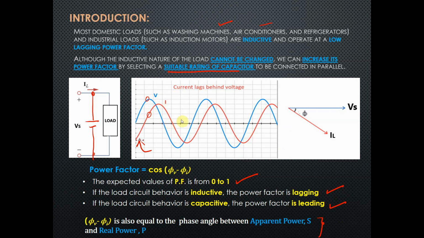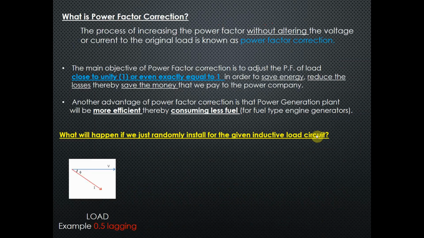From this waveform, you can see that the current is lagging the voltage by some angle phi. This angle phi is represented in phasor as V is the reference, angle 0, and IL is a current with a certain angle with respect to the reference. So this current is lagging.